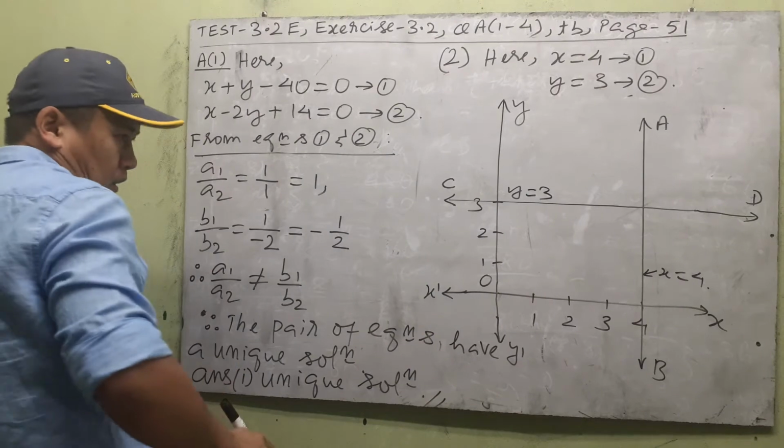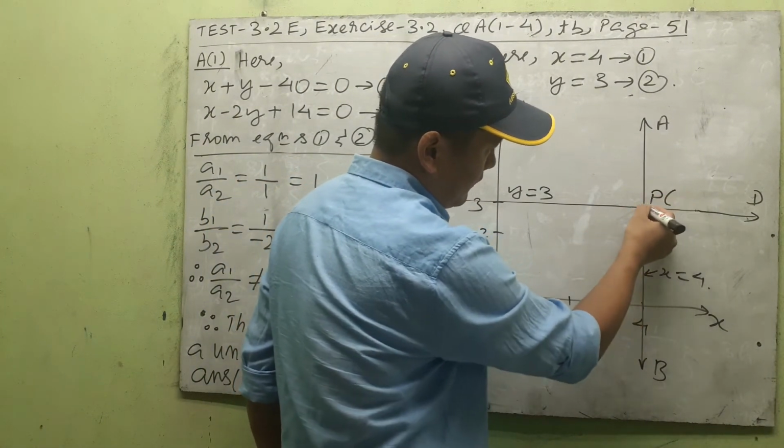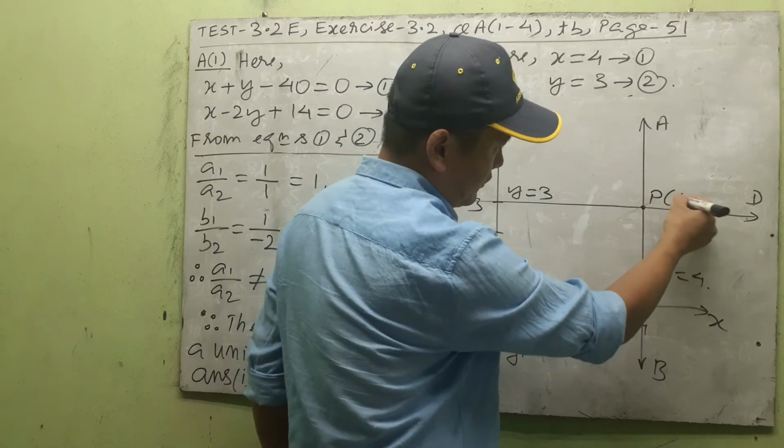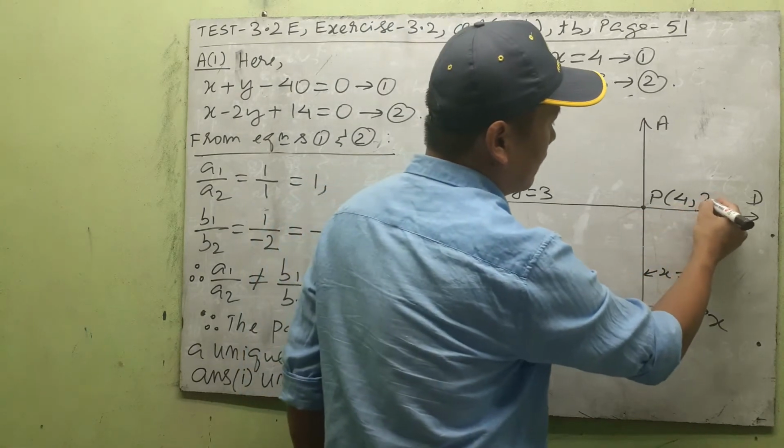So the two are intersecting here. Let's say P. Having value P, x value is written first, so 4, comma, and here P corresponding to y value is always y value written second.